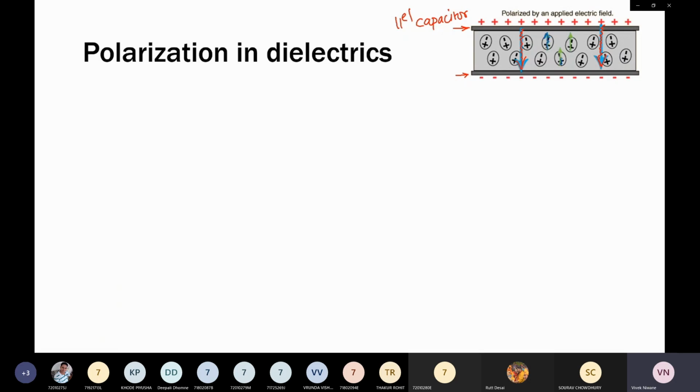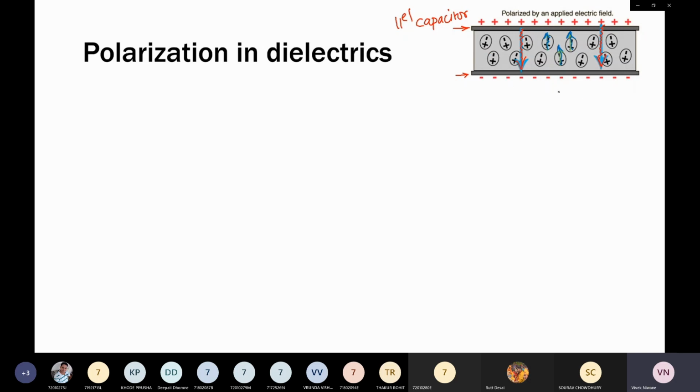Their own electric field may be small in magnitude, but there are lots of dipoles. There are billions of atoms, so even if they contribute a very minute amount of electric field, that is going to be a big number.